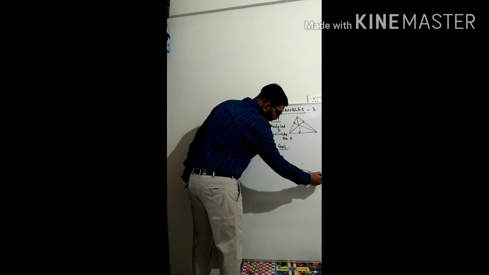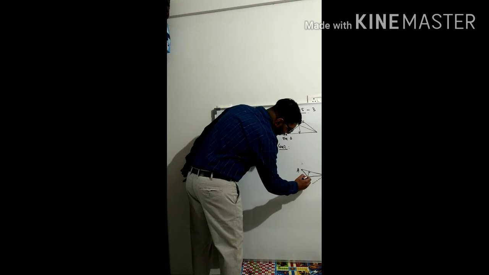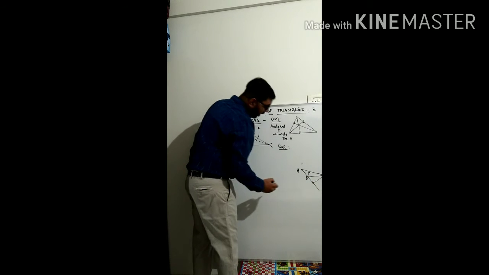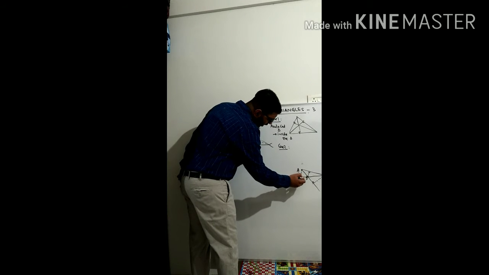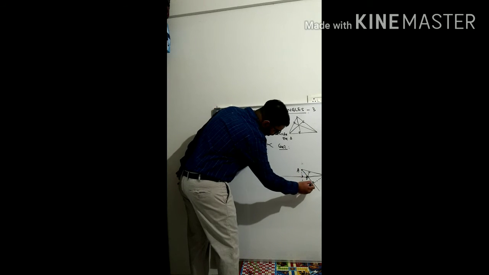If I draw the altitude from C, it will be like this. And if I draw the altitude from A, it will be like this. So these three altitudes will meet outside the triangle.